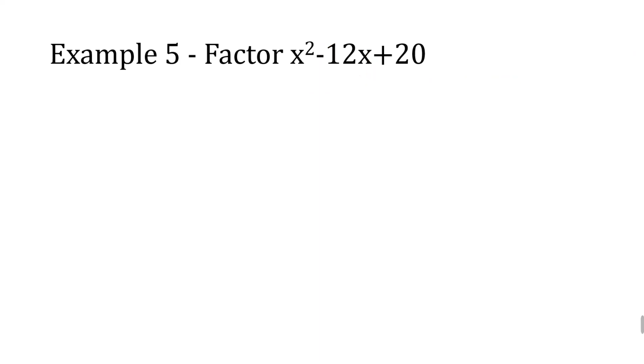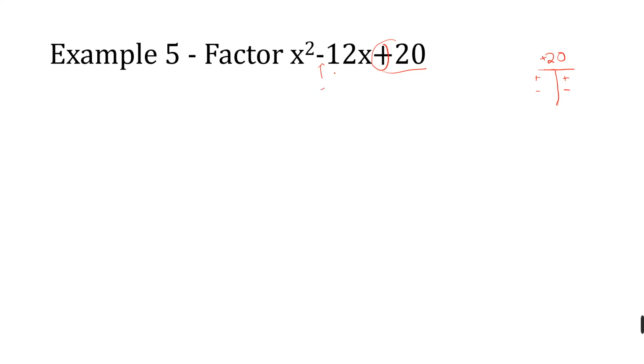Okay, now let's start adding in minus signs. This is going to make this one trickier. We're still dealing with 20. So I want a positive 20. When you want a positive 20, either both numbers have to be positive to get a product, or both numbers have to be negative, because a negative times a negative is a positive.